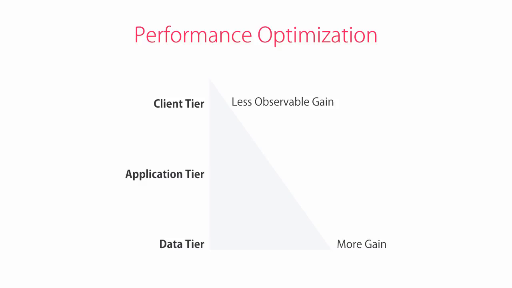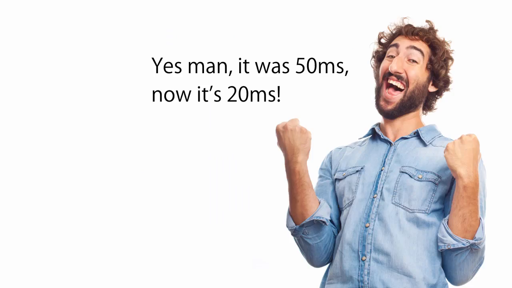Note the word observable. This is the key here that a lot of developers don't take into account. They spend a lot of time on various kinds of optimizations, and they feel proud that they have reduced the execution time of some activity from 50 milliseconds to 20 milliseconds, even under load. Yes, in theory, there is a 250% improvement here. But is this really observable to the end user? Does this really add value to the business? Probably not.